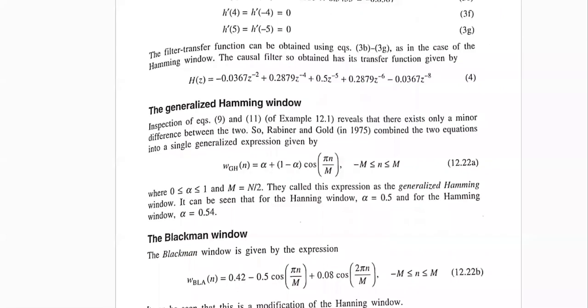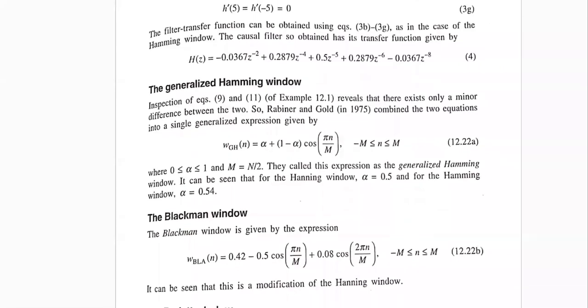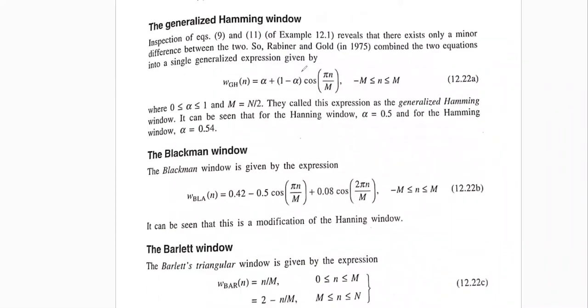There is another one, the generalized Hamming window. What is that? Rabiner and Gold, in 1975, combined the Hamming window and Hanning window together, and that is known as the generalized Hamming window.